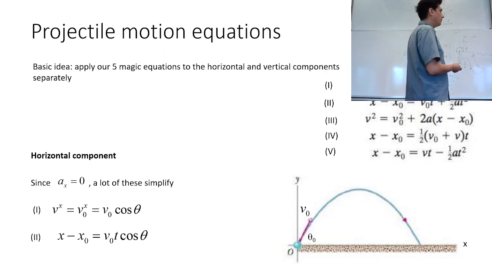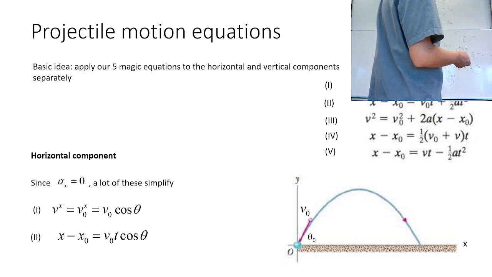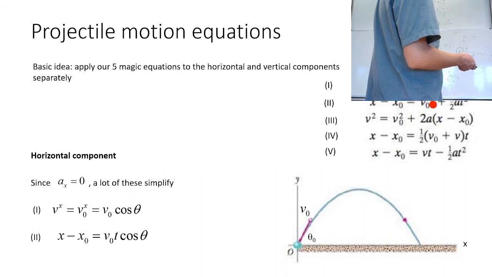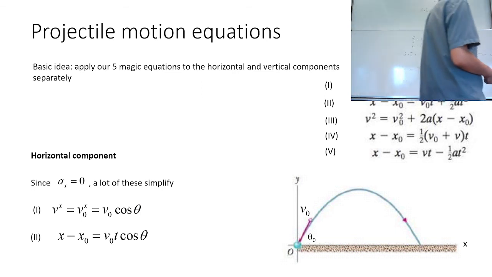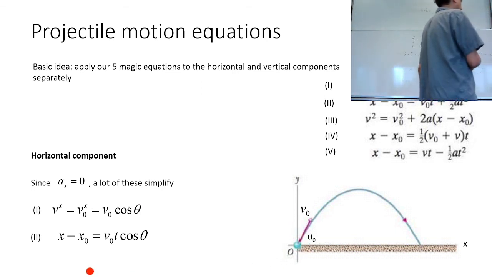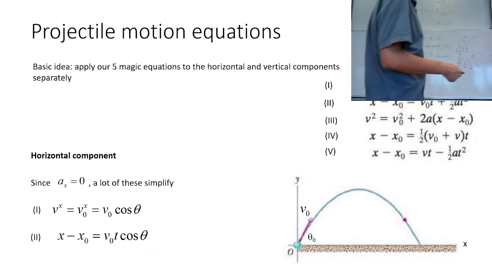So, for example, if you set a to 0, then this just says the initial velocity is the same as the final velocity. Or here, the position is speed times time. But the equations are so simple that you almost don't need the formulas. Just speed times time is position, and so forth.